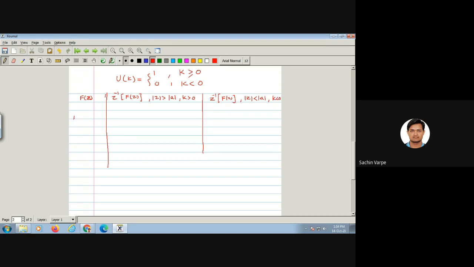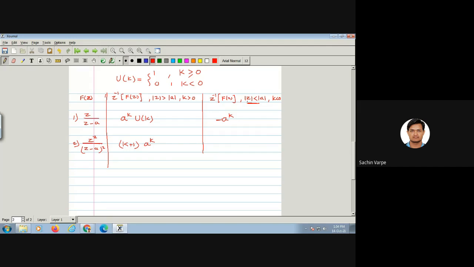So as we have discussed the first one, if f of z is z upon z minus a, then the inverse z transform in this region will be a raised to k u of k, unit step function. And in this region, it will be minus of a raised to k. The second formula: if the given function is z square upon z minus a the whole square, then its inverse z transform will be k plus 1 a raised to k, we can write k plus 1 a raised to k into u of k also.